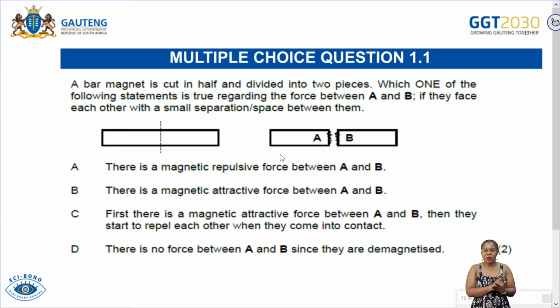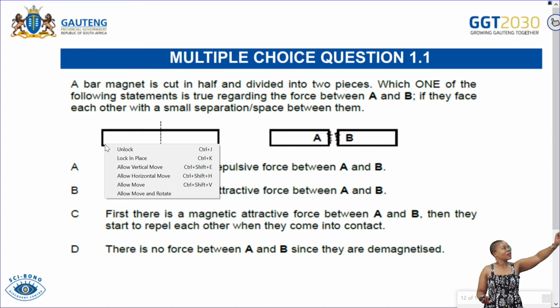The south. So even if you cut them into 2, piece A is still going to have a north pole and a south pole. Piece B is still going to have a north pole as well as the south pole.